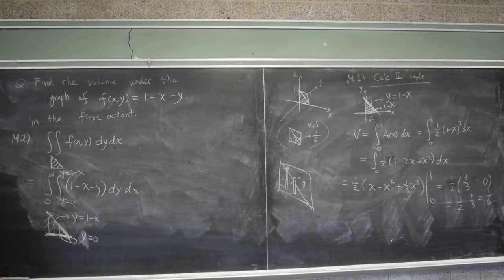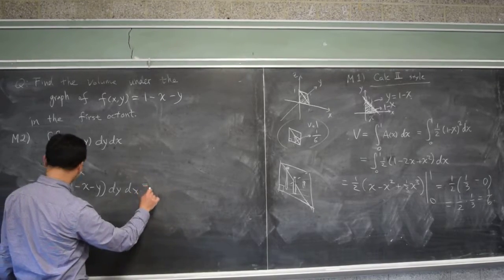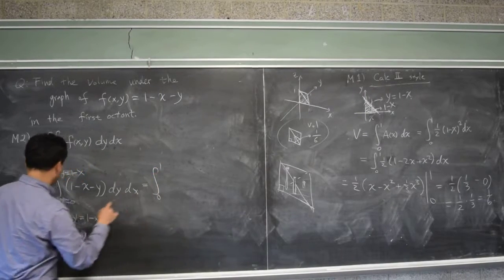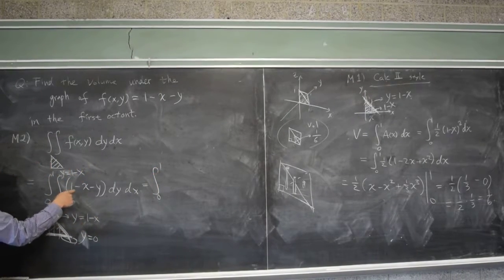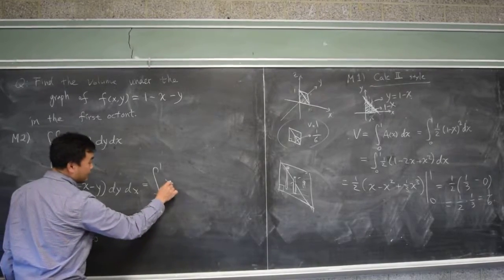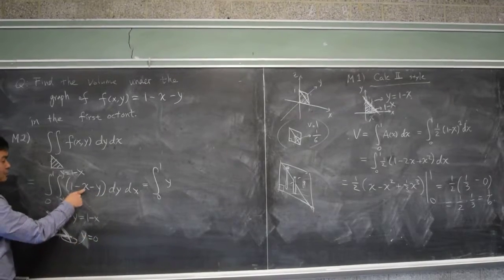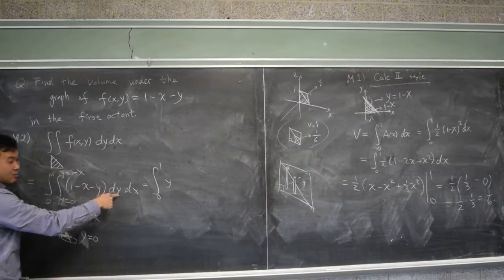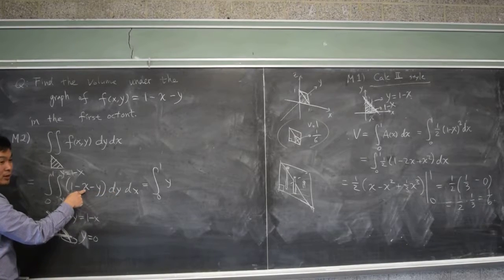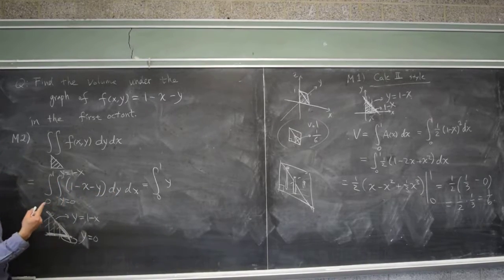Okay? Now, once you agree with this, now we're just going to compute. Let's try to compute. What's the integral of 1 by y? Y. What's the integral of x by y? Well, x is not changing with respect to y, so when you integrate x, you should think of x as a constant, right?